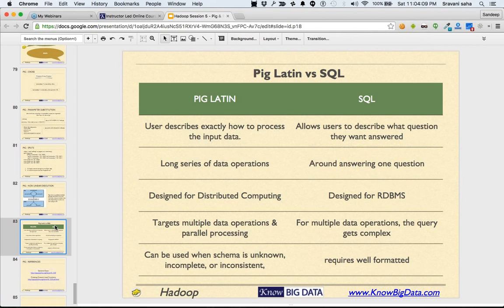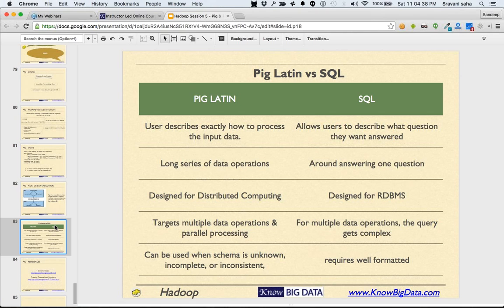All right, so next is Pig Latin versus SQL. That's a big discussion, so I would like to keep it short. In case of Pig Latin, the user describes exactly how to process the input data. In very simple words, SQL generally finishes as a single executable query.